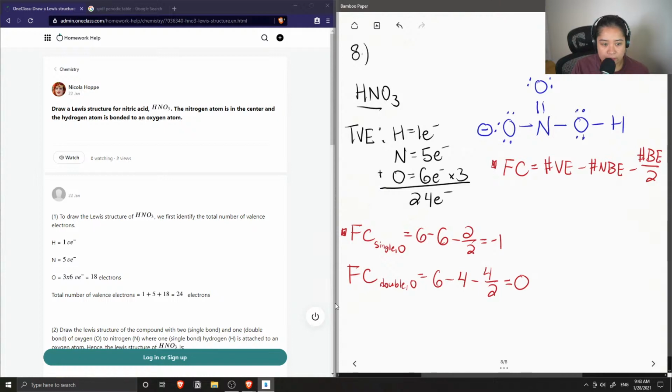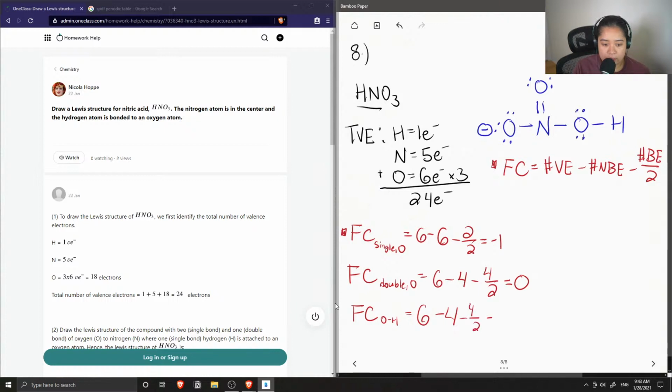So now if we were to calculate the oxygen with the hydrogen, so I just put OH. There's also 6 valence electrons, 4 non-bonding electrons, and the 2 bonds to it.